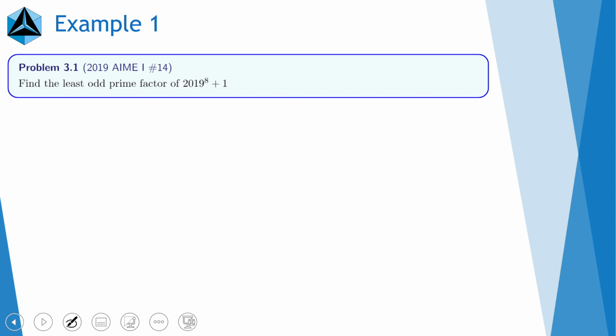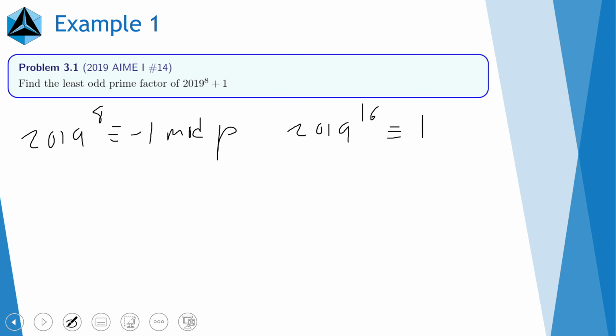So we can write the statement that 2019 to the 8th power is congruent to negative 1 mod p. And then squaring both sides, we get 2019 to the 16th power is congruent to 1 mod p.